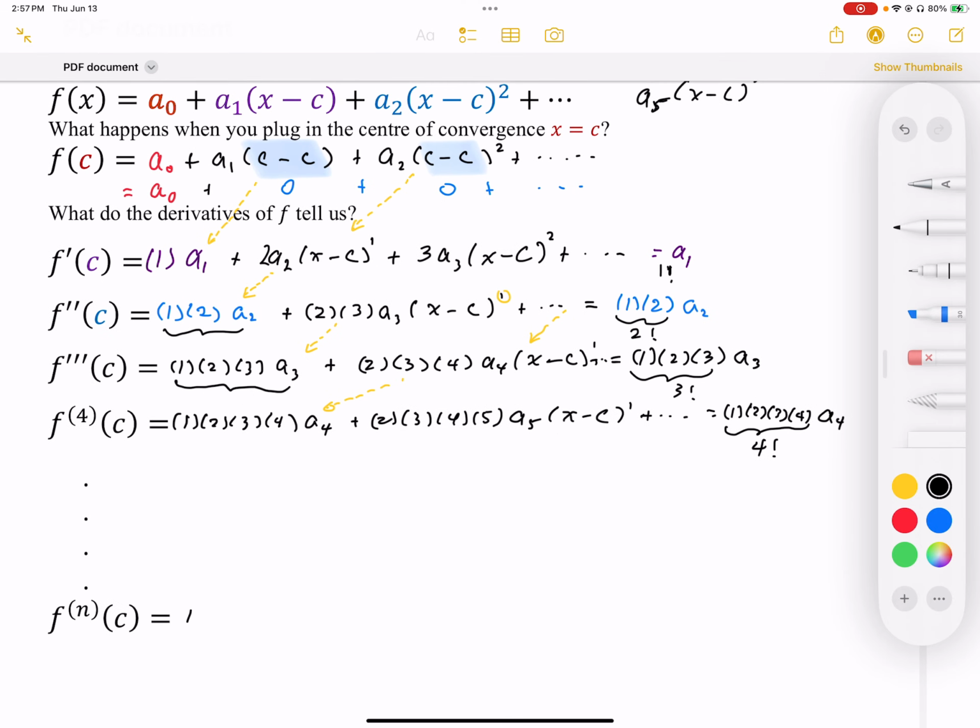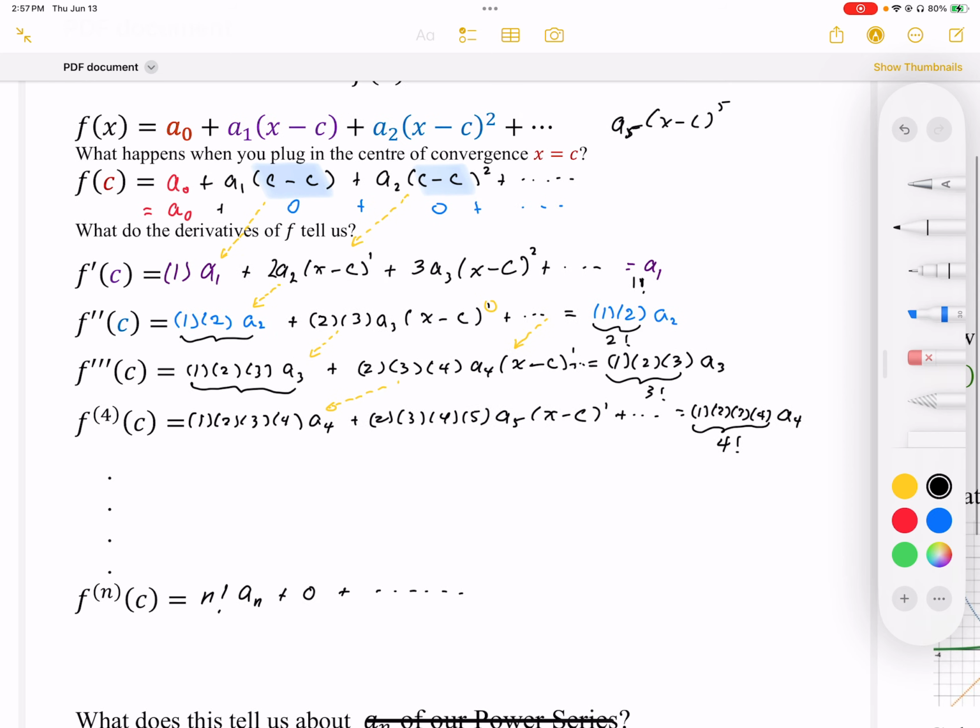For the nth term, we're going to end up with n factorial. That's the multiplying part. And we're going to end up with a to the power n, evaluated at 0. All the other terms have x minus c terms to it, so it becomes 0 plus 0 plus 0, etc. So this is then our generalization.